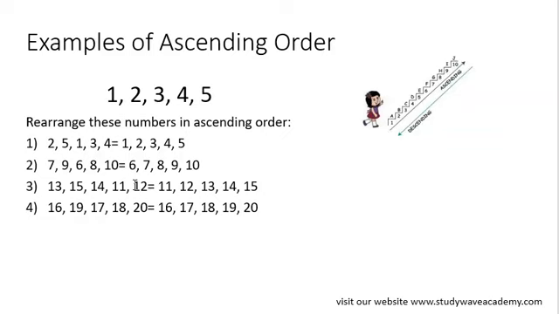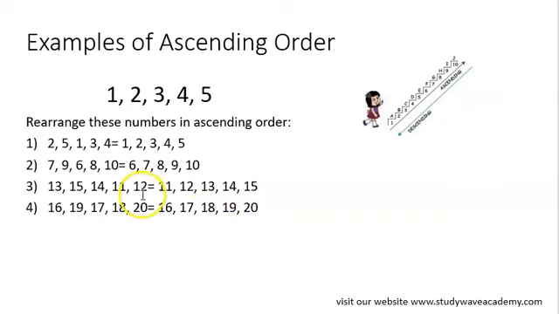So we start with the smallest number, 11, then 12, 13, 14, and 15. We arrange them: 11, 12, 13, 14, 15.